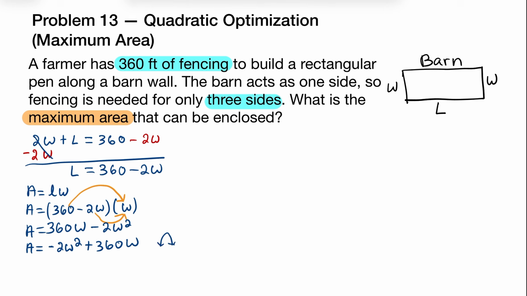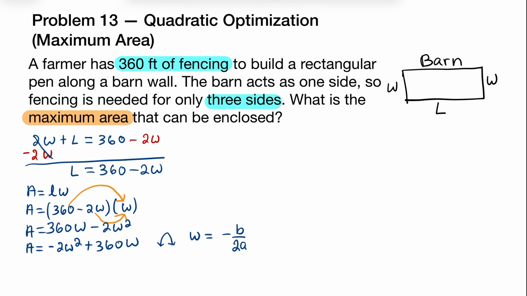This means the vertex gives us the maximum area, and the vertex formula tells us where that happens. So our vertex formula, and remember that will be W, because we're talking about width at this point, equals negative B over 2A.